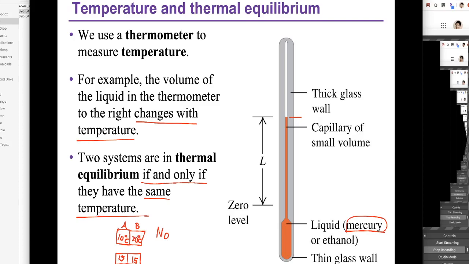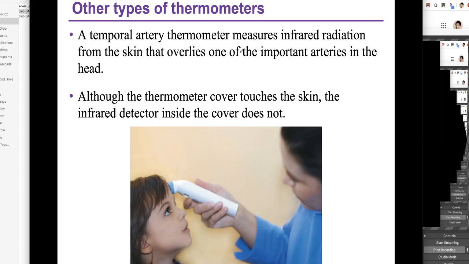Finally, they will have the same temperature, for example 15 degrees. Then they are in thermal equilibrium. Okay, so this is the definition of thermal equilibrium. It's not a difficult concept, it's very easy.